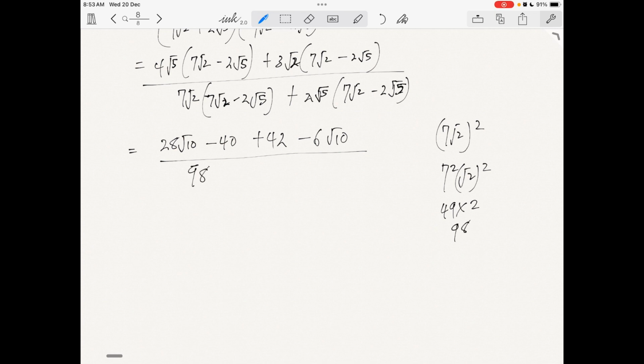Furthermore, we know that when we multiply this with this, and this with this, they will cancel out eventually, so we can leave that step. Then we focus on 2 root 5 and minus 2 root 5.